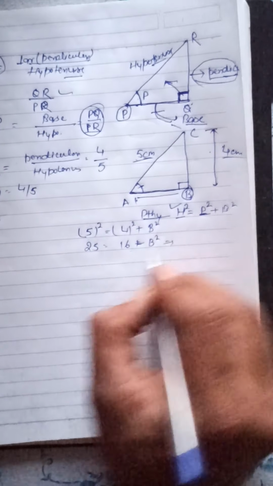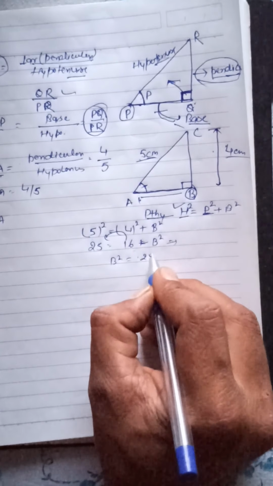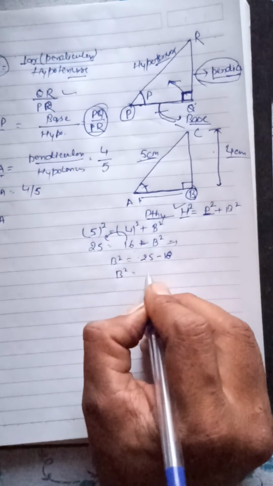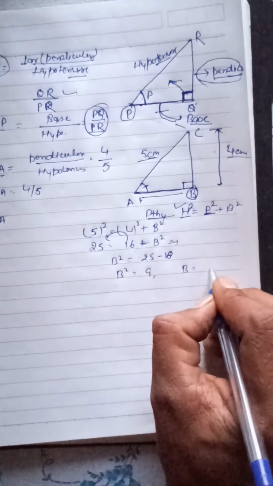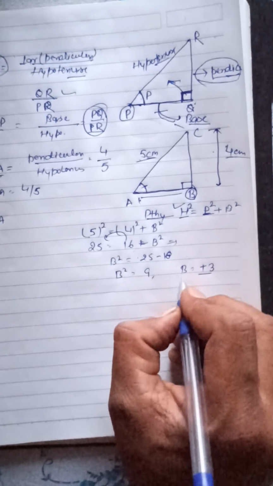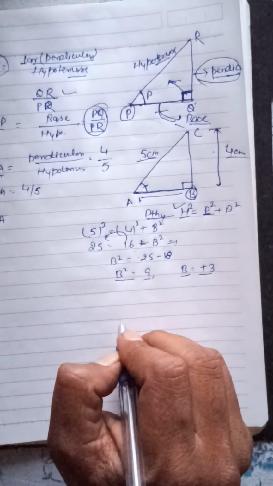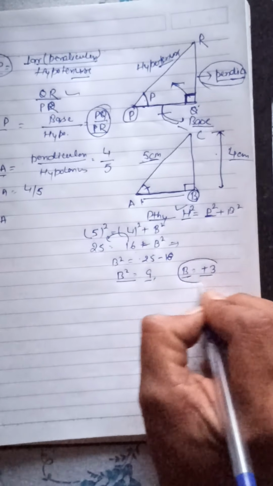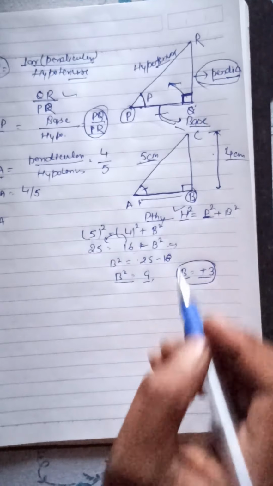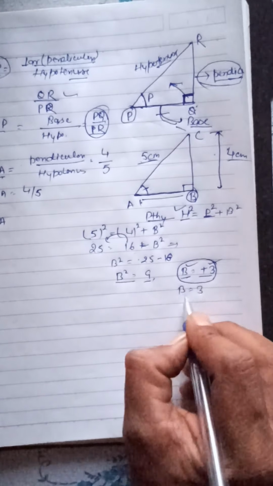Now you have to find the base. So base square will be equal to 25 minus 16, meaning b square is equal to 9 and b will be equal to plus minus 3. Why? Whenever we take the square root of any integer, we get both negative and positive values, but since we are considering trigonometry, we have to take the positive integer, so the base will be equal to 3.